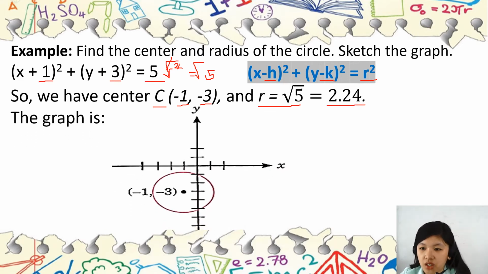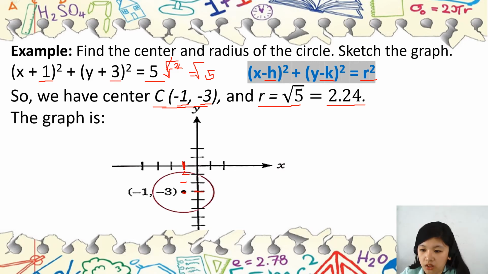So we have the center, negative 1 and negative 3. That is why we plotted it here. Here is negative 1 on the x-axis and this is negative 3 on the y-axis. And then, since our radius is 2.24, we go up 2.24, down 2.24, then to the left 2.24, and to the right 2.24. Notice, going up 1, 2, then a little more, that is our point.